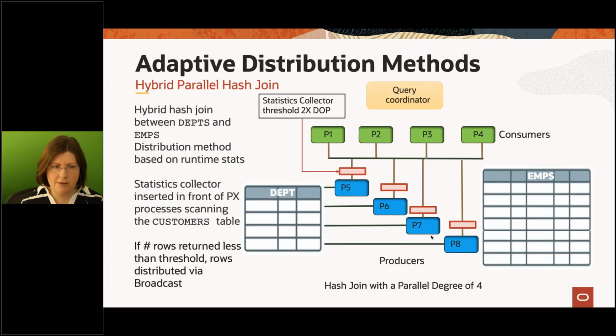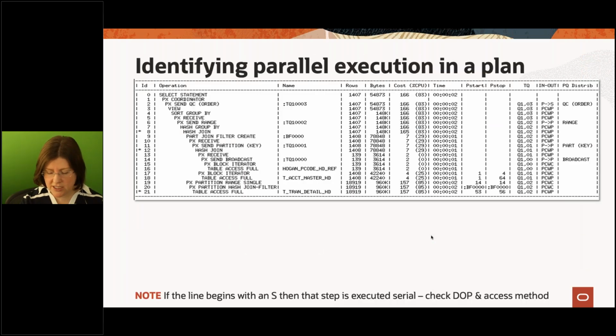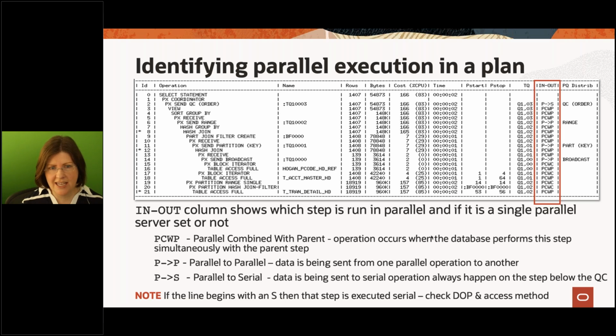I talk a little bit about the fact that we now offer hybrid distribution methods as well. And we also have one last column in the execution plan that is for parallel execution. It's called in and out.